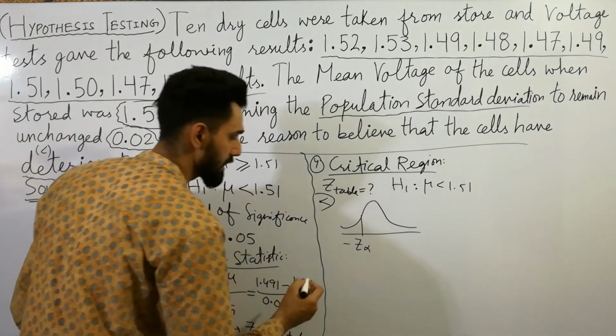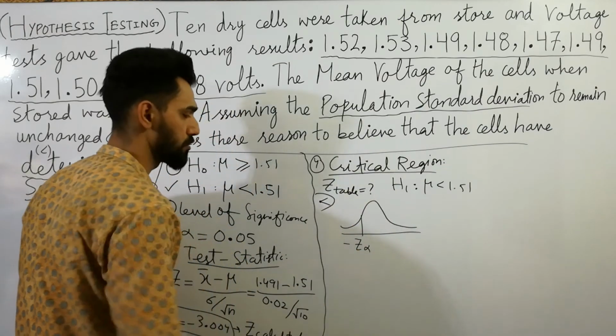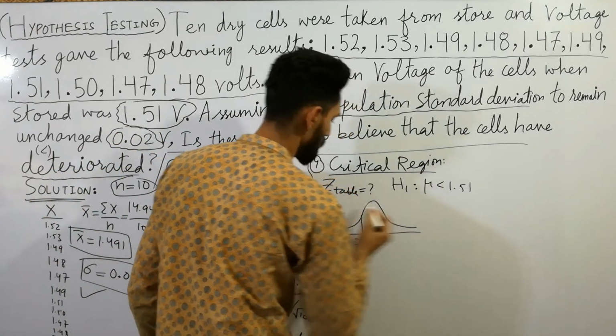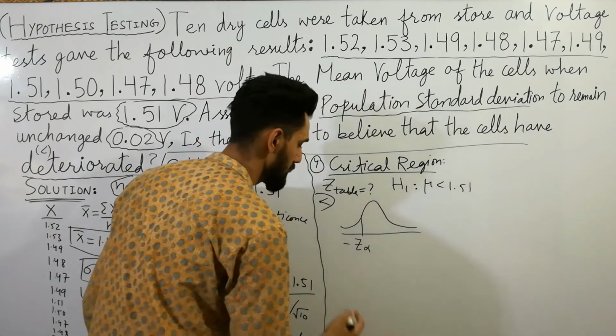And the next step, you must remember, is that now I'm going to calculate the value of z alpha. Now I'm going to calculate the table value, which is z alpha. So the method is very simple.